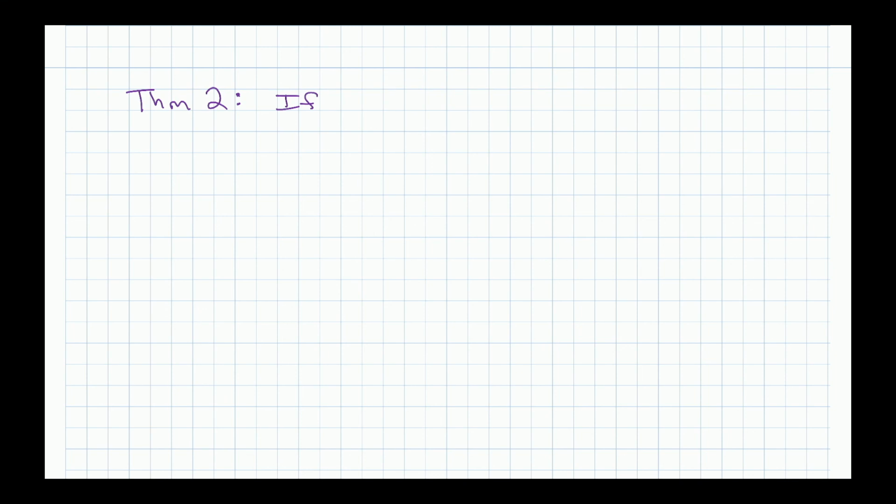If T is a full binary tree, then the number of vertices of that full binary tree is less than or equal to 2 to the height of T plus 1, minus 1.